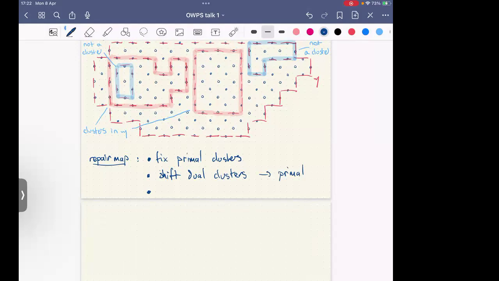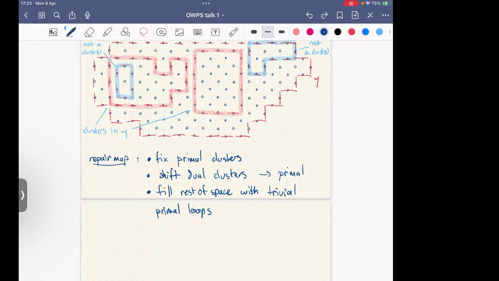And then three, we're going to fill the rest of the space, so the space not inside any cluster, with trivial primal loops. That means put mirrors everywhere, the smallest mirrors possible, so that they're all primal.